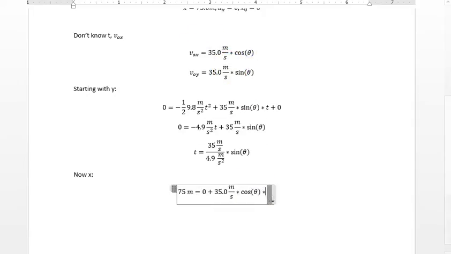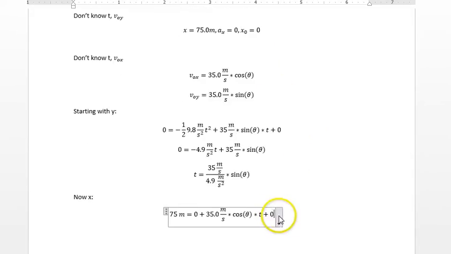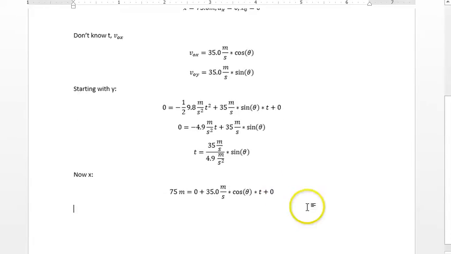Plus the x naught, where we start, is 0, so plus 0. Very simple equation: 75 meters equals 35 meters per second times cosine theta times time.